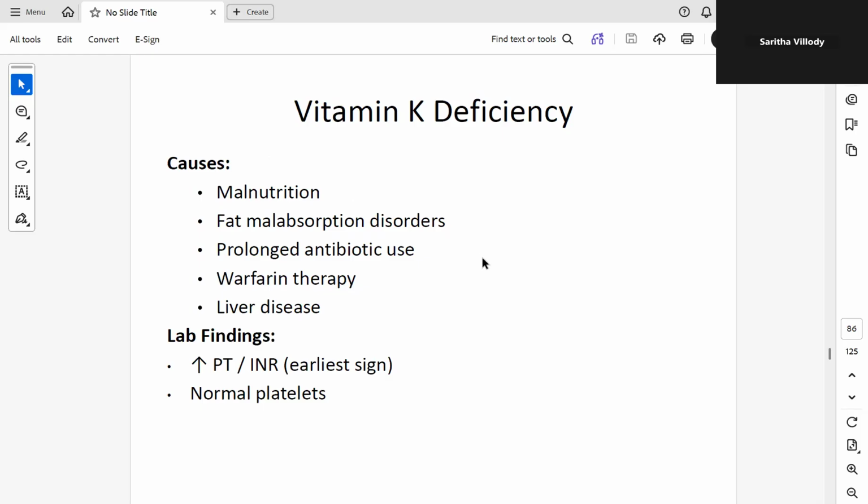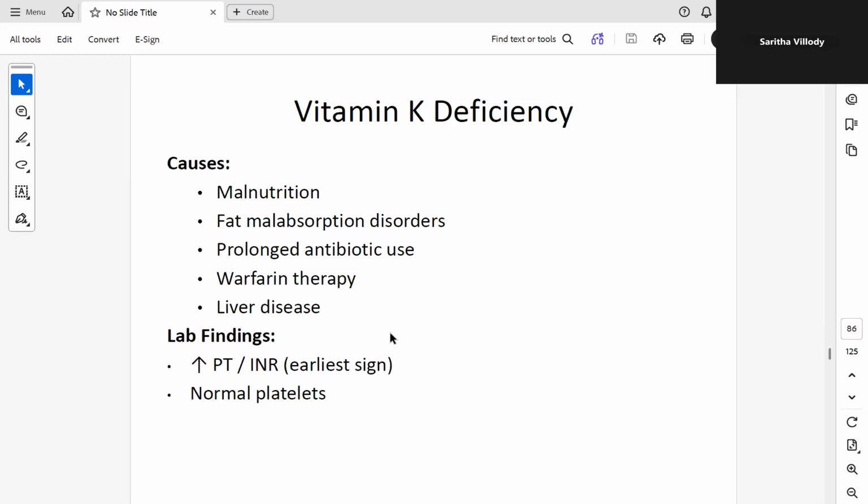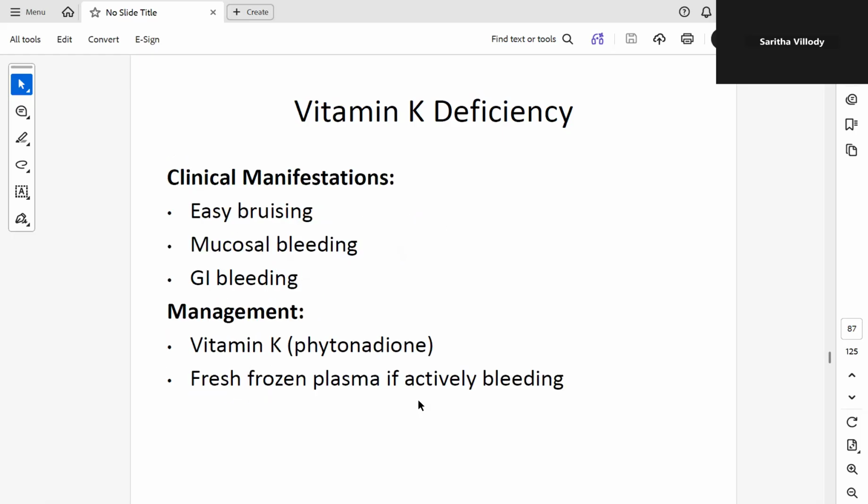Remember I said in the beginning, when we have an inherited disease, they usually have one clotting factor missing, but if they have an acquired condition, multiple factors are missing. So in this case, that is what is going to happen. One way to identify vitamin K deficiency is that their platelet levels would always be normal. There's nothing wrong with the platelets, but their PTT, INR, PT, everything will be elevated. So that's a way to find out if it is vitamin K deficiency or not.